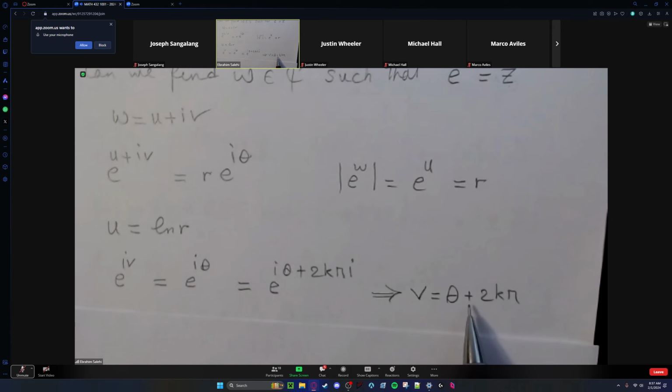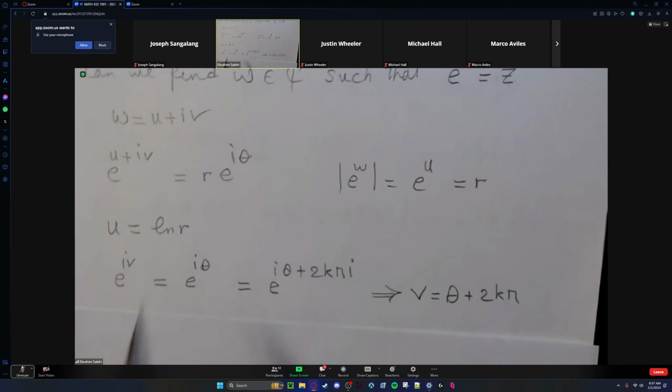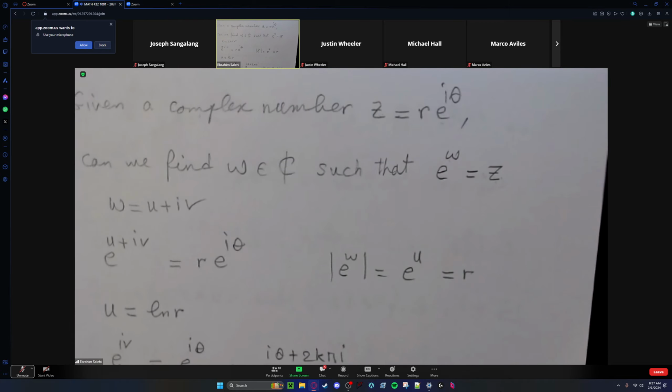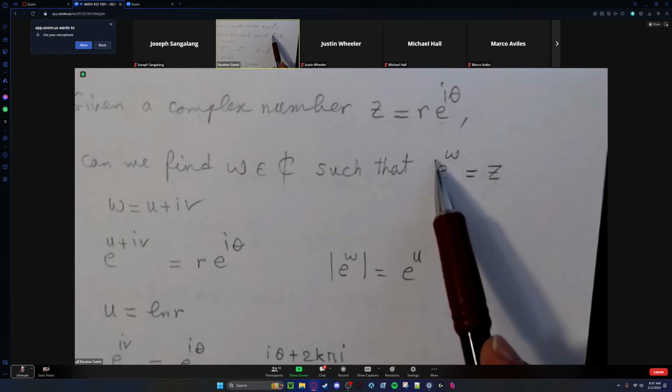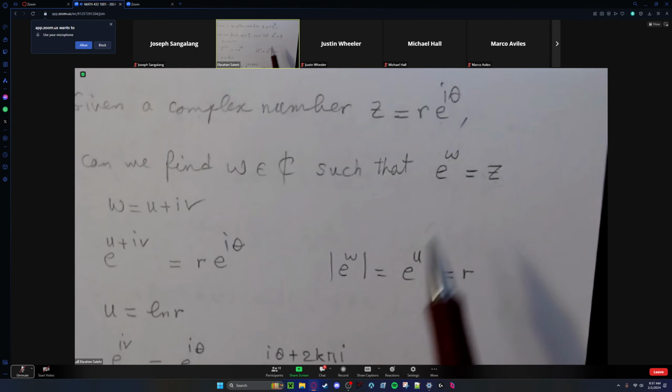So in this fashion, we also found v. So we have u and v. This w, that in a way is the inverse of the exponential, we call it logarithm of z.